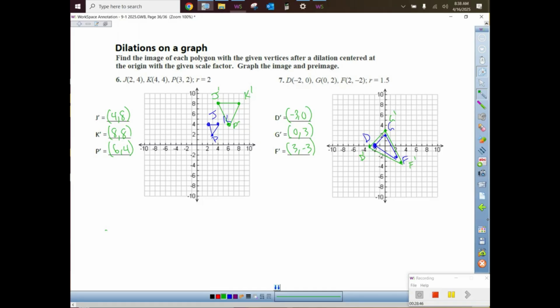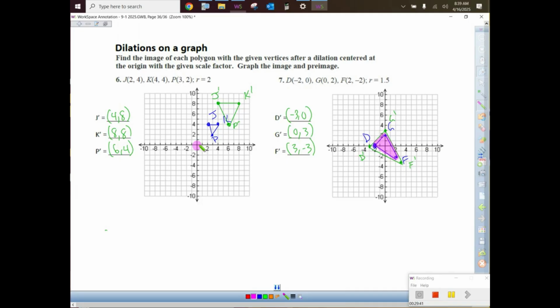Again, it's okay if you're not sure, but it's about where the center of the dilation is located. When we do these on a graph, where is the center of dilation? The origin, 0, 0. Where is the origin in relation to this pink guy, or excuse me, the thing that I highlighted in pink, inside it or outside it? Inside it. So it's pretty likely that the blue one's going to be inside. But it didn't happen over here. Isn't the origin on the outside of that guy in that case? So just cool little tricks.